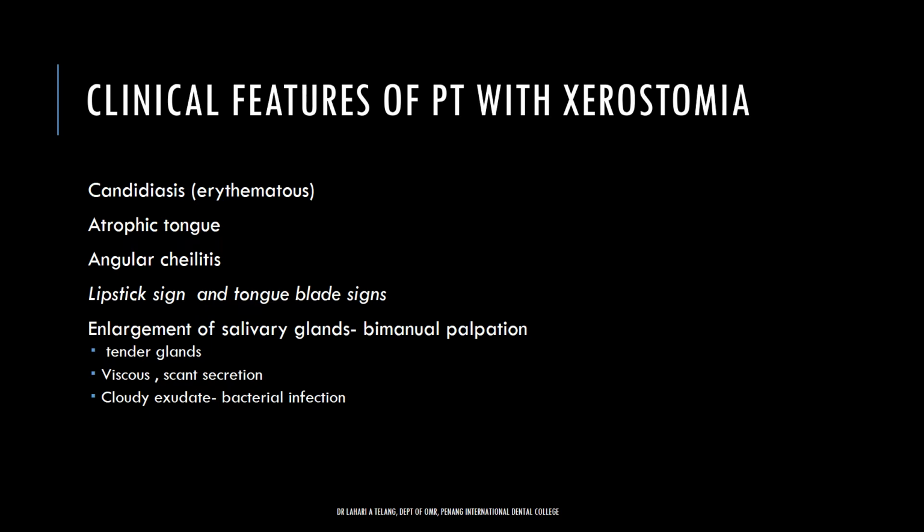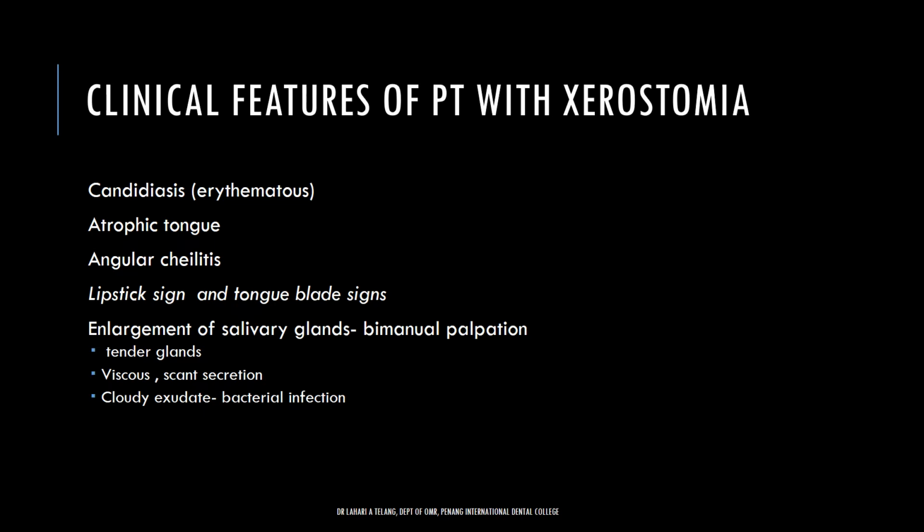So, clinical features of a patient with xerostomia could be candidiasis, fungal overgrowth, generally the erythematous type, because of lack of enzymatic action and the antibacterial, antimicrobial activity of the saliva itself.